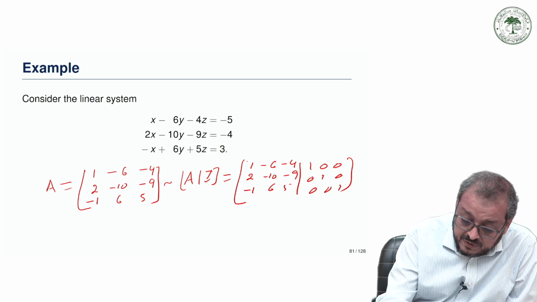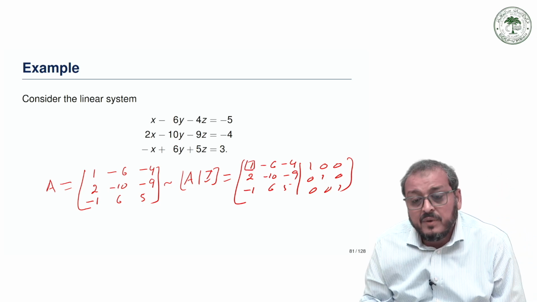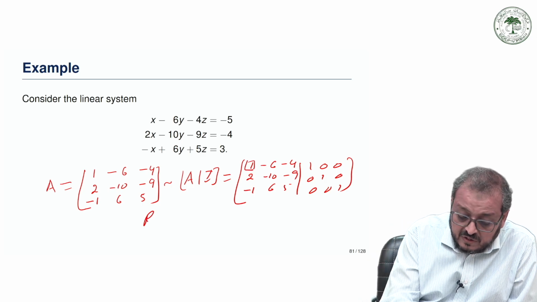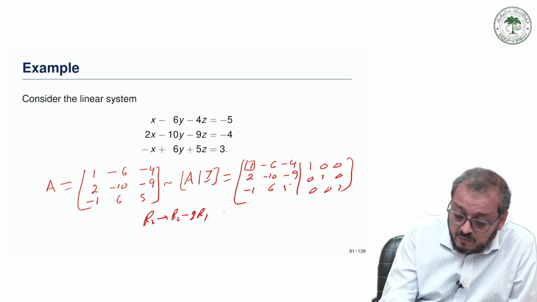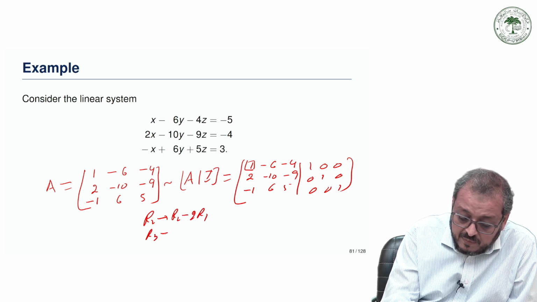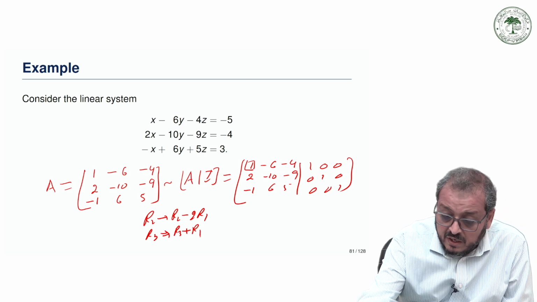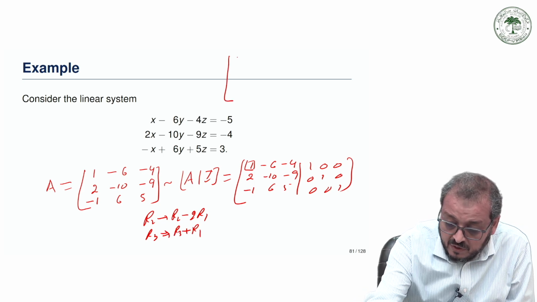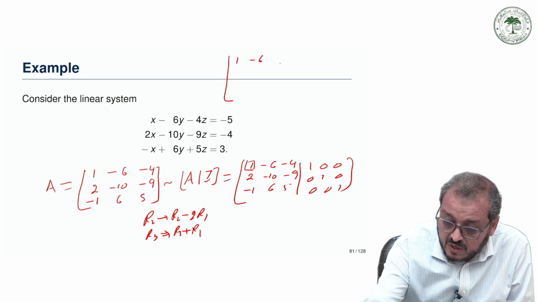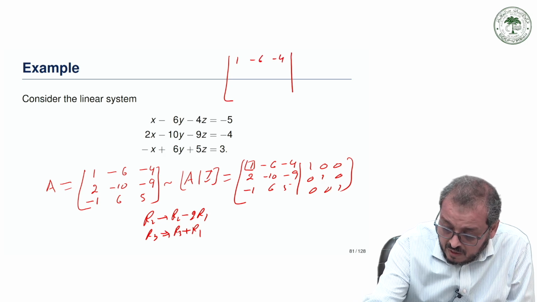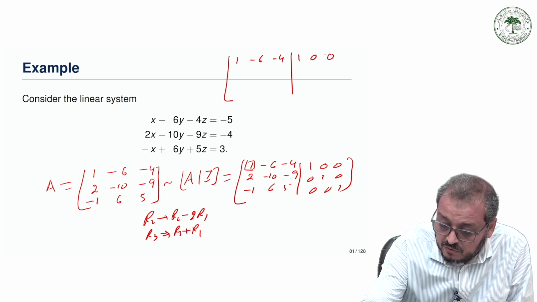Apply the elementary operations. We have a pivot element, and with its help R2 is replaced by R2 minus 2 times R1, and R3 is replaced by R3 plus R1. So the matrix becomes 1, minus 6, minus 4, and then 1, 0, 0.